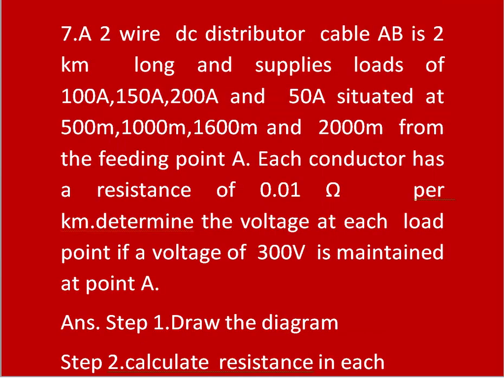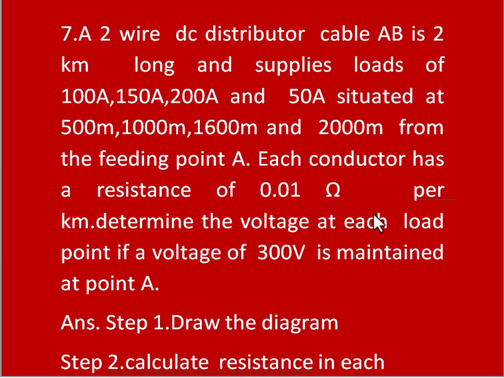So let me take a first problem on DC distributor fed at one end. The data is given like this. A two-wire DC distributor cable AB is 2 kilometers long and supplies loads of 100 amperes, 150 amperes, 200 amperes and 50 amperes, situated at 500 meters, 1000 meters, 1600 meters and 2000 meters with respect to the feeding point A. Each conductor has a resistance of 0.01 ohm per kilometer.